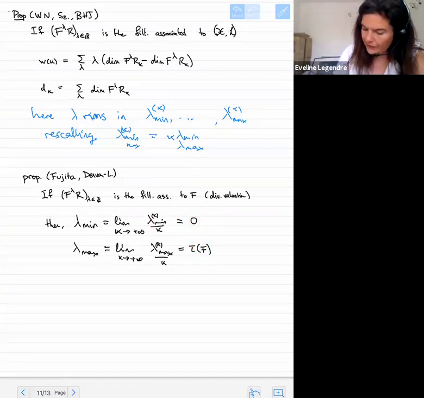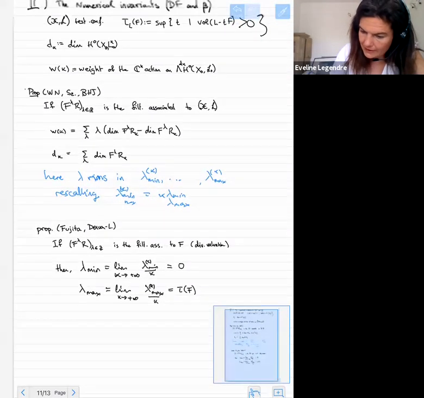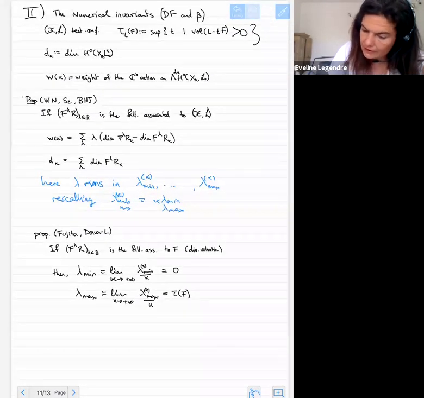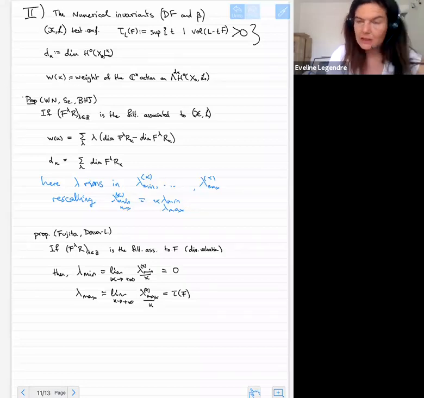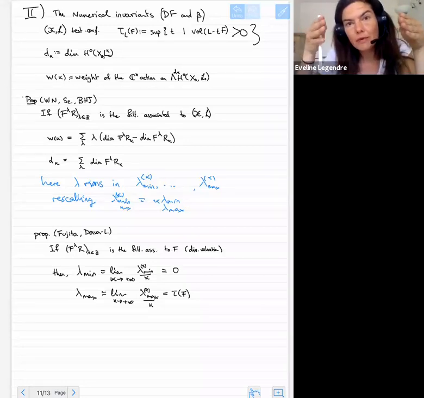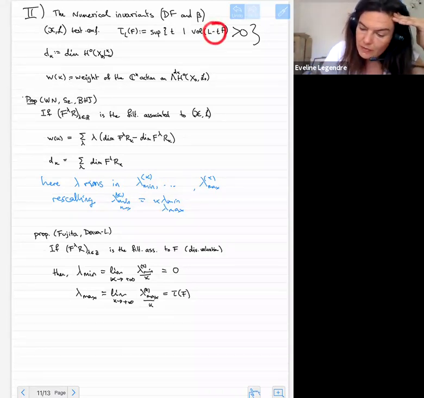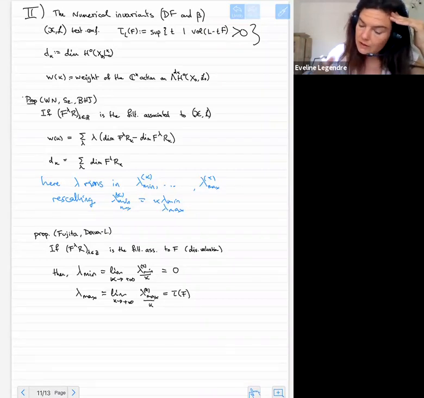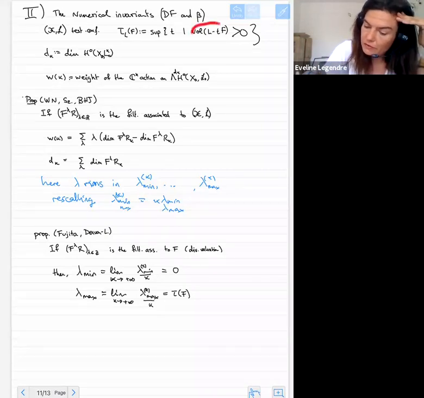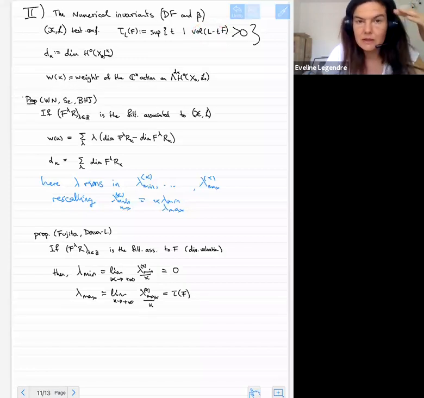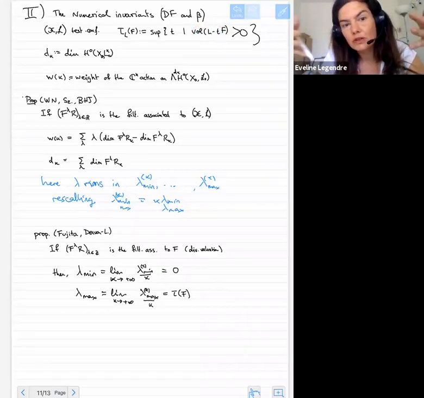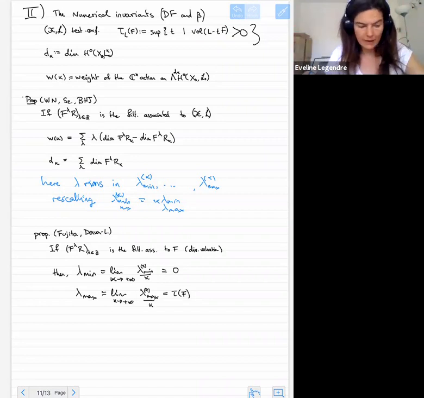So we see that the pseudo-effective threshold is the number at which this divisor stops being big. After tau, the volume of that thing will be 0, and so it doesn't really come into the picture when you compute the integral of the volume in the beta invariant.